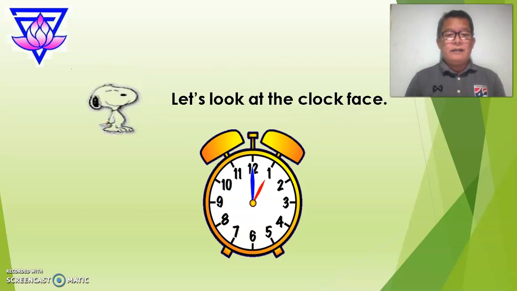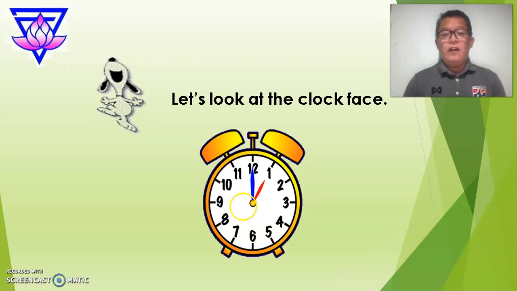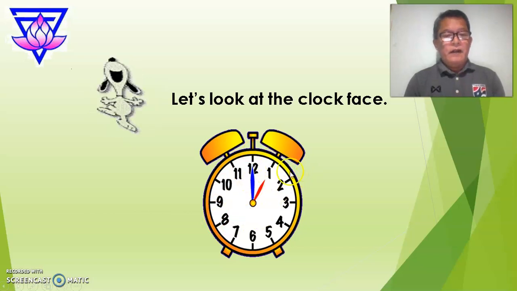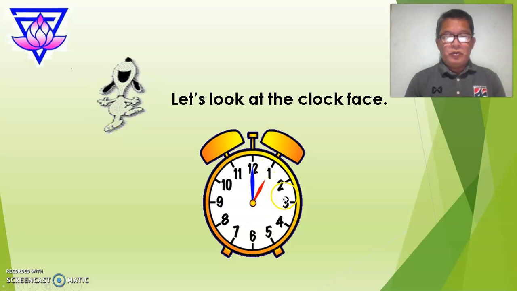Look at the picture. Let's look at the face of the clock right here. This is the clock or the alarm clock. On the alarm clock, we have the numbers 1, 2, 3, 4, 5, 6, 7, 8, 9, 10, 11, and 12.